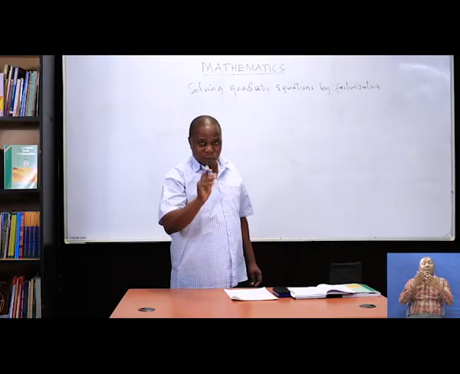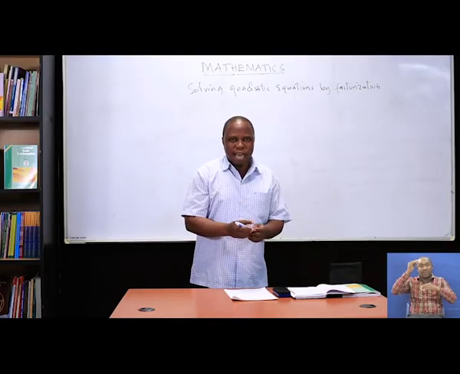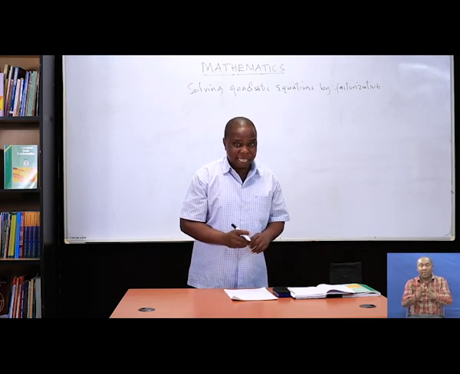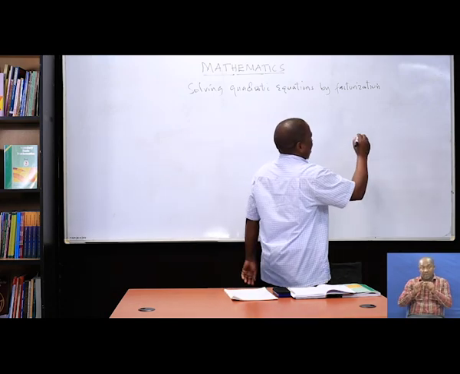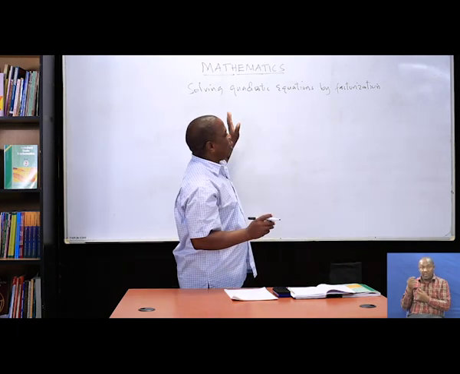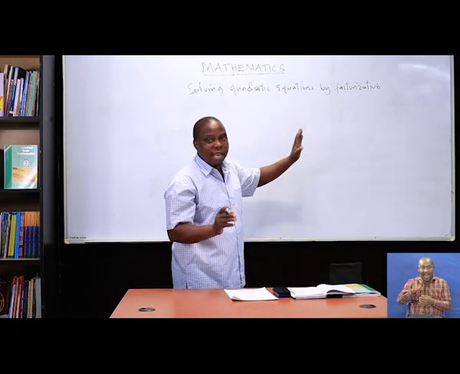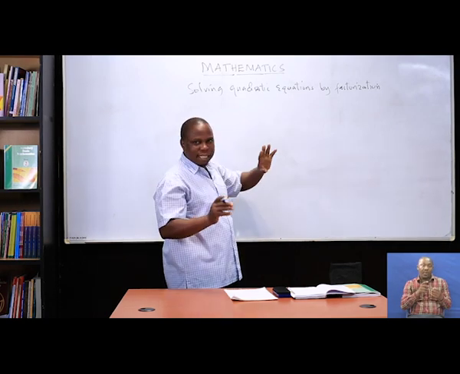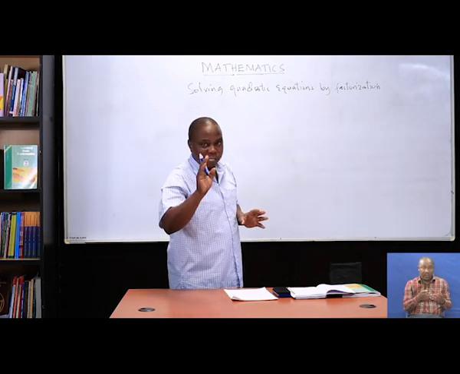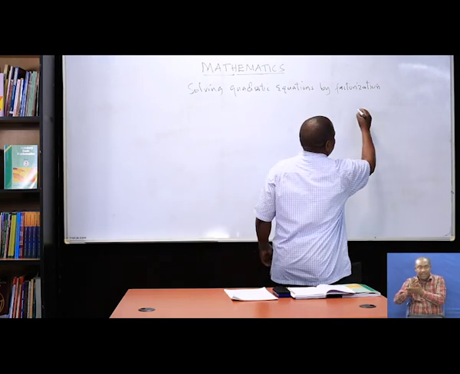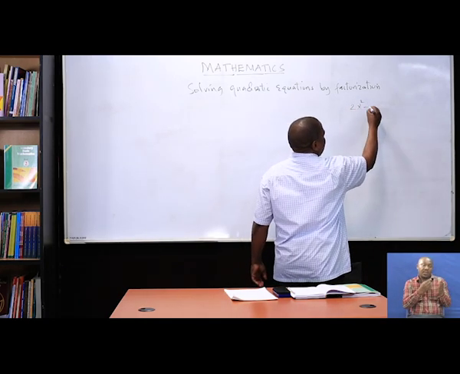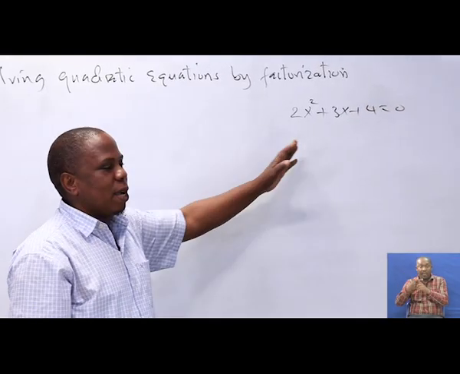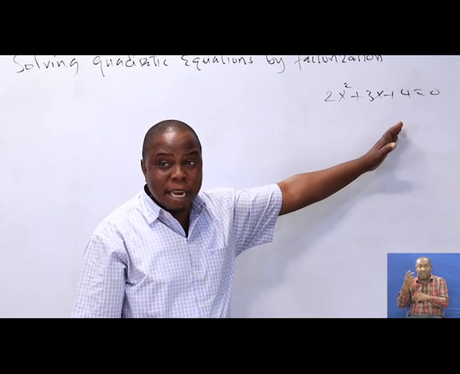In our previous lesson, we saw different ways in which a quadratic equation can be written. For example, we saw when the coefficients of the terms are positive, such as 2x squared plus 3x plus 4 equals 0, and how it can be solved.